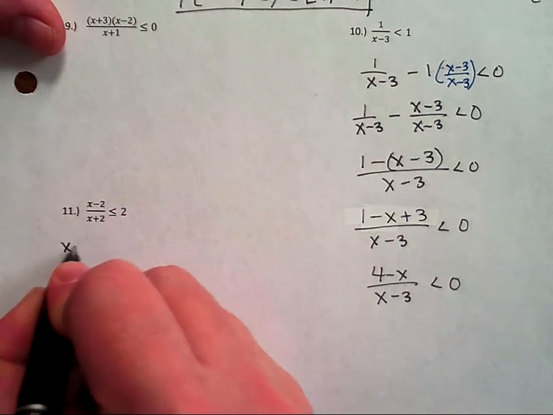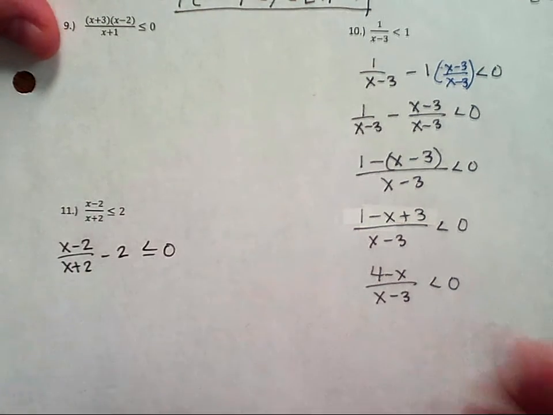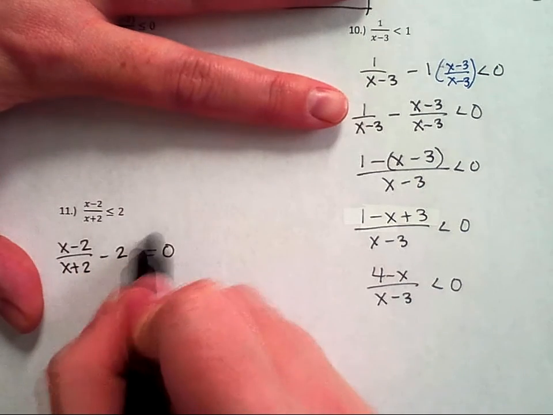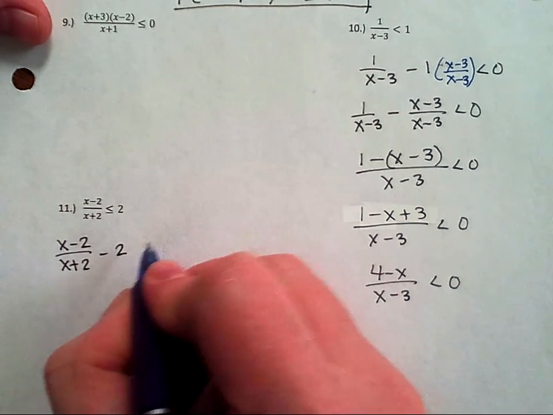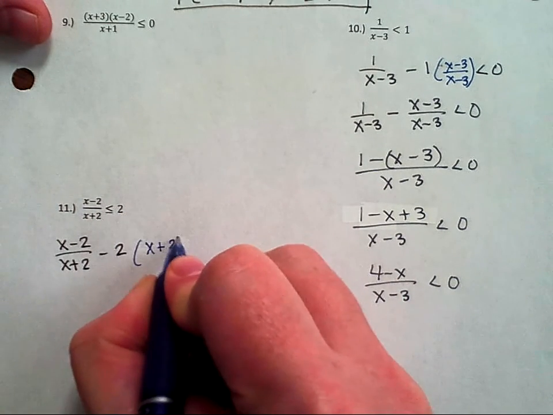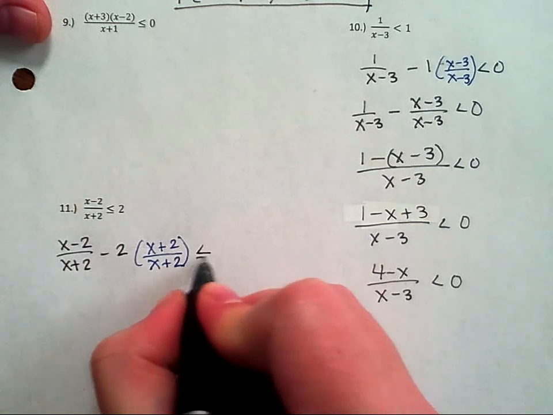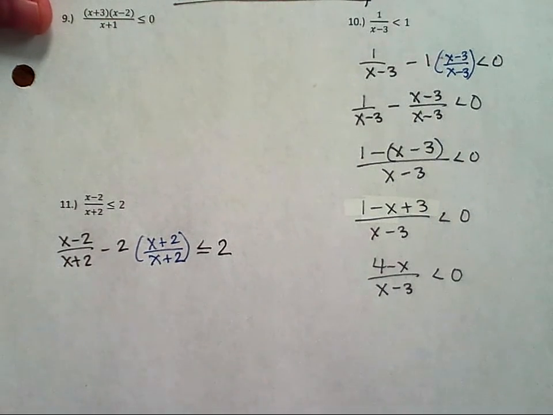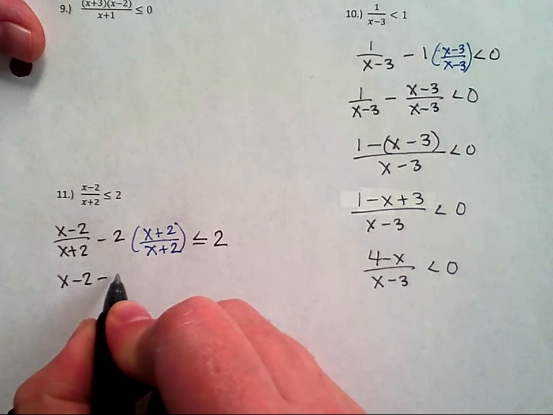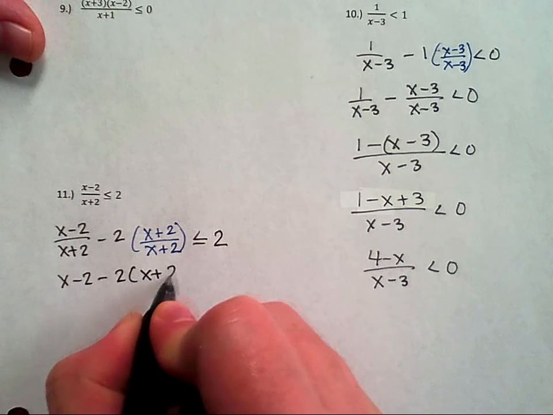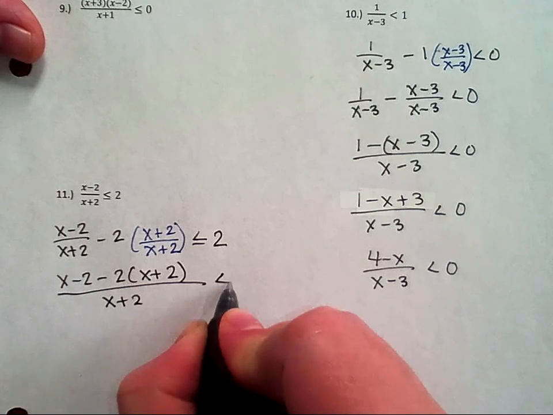All right, so I'm going to subtract 2 from both sides. Now I need to add and subtract fractions. What's my common denominator? That's correct, x plus 2. Okay, so now distribute. I'm going to put it over the same denominator to save a little space.